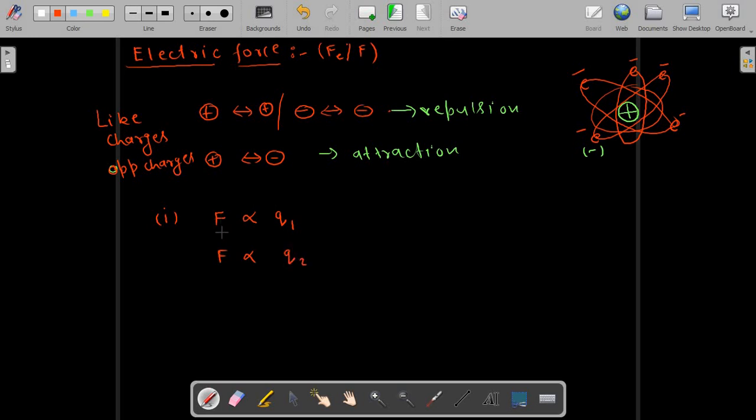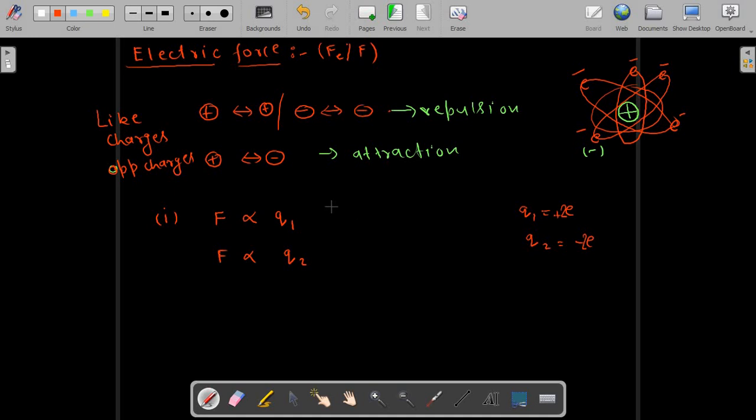If q1 is plus e and q2 is minus e, then suppose the force is less. But as you increase the value from plus 1e to 2e, the force was increasing in that proportion as well. So they found that it was proportional to q1 and q2, the charges.